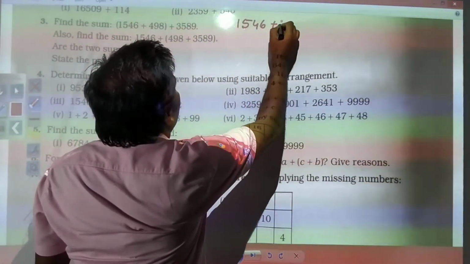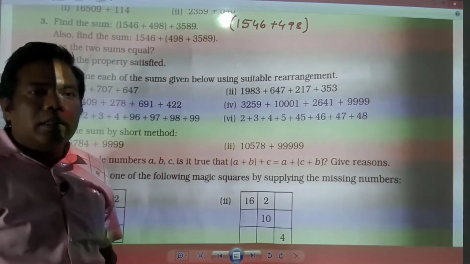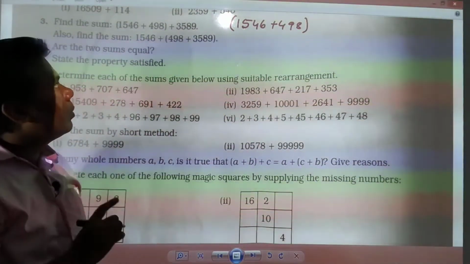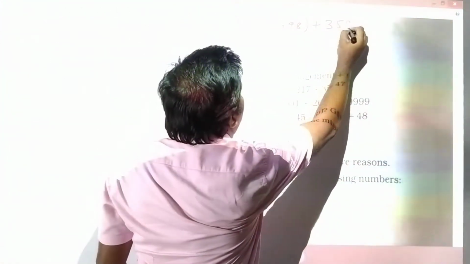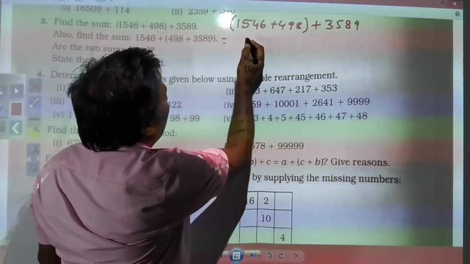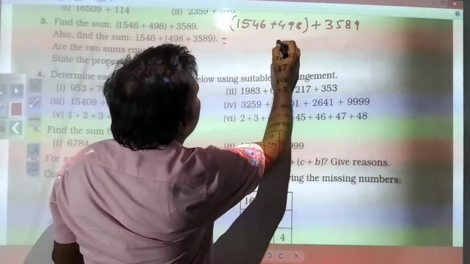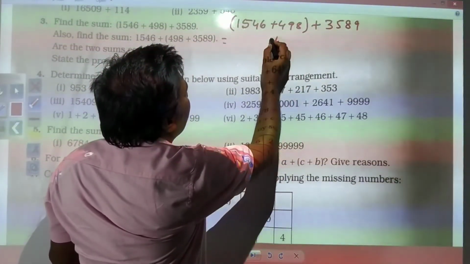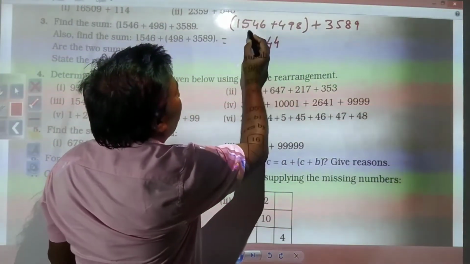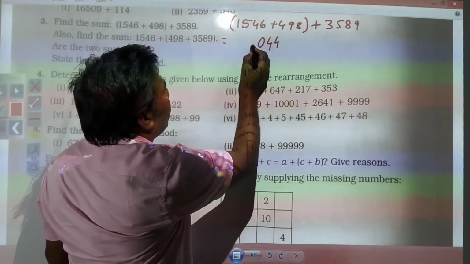So here you see you have 1546 plus 498. This is in brackets, so these numbers are required to be simplified first. Plus 3589. You add this. How will you solve this? 8 and 6 is 14, 9 and 1 is 10 and 1 is 14, again 4 and 5 is 9 and 1 is 10, 1 you have, 1 and 1 is 2.